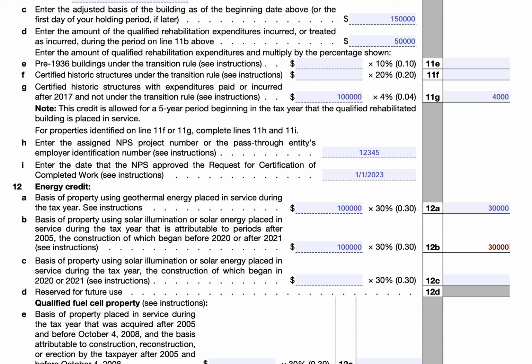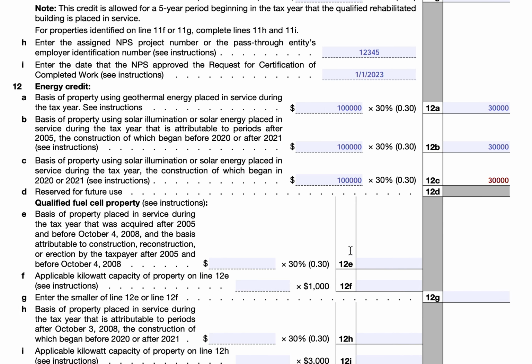So in line 12C, this is the solar illumination or solar energy property, again, that was placed into service during the tax year. For simplicity's sake, we're going to use $100,000 investments for each of these line items as applicable, unless we need to point out a different unit of measurement.